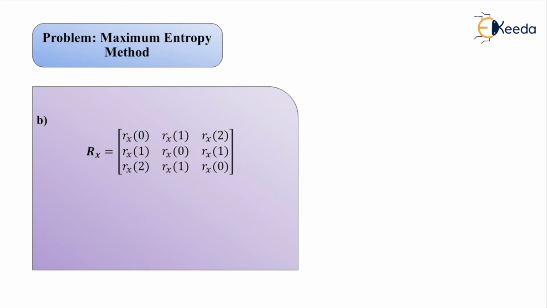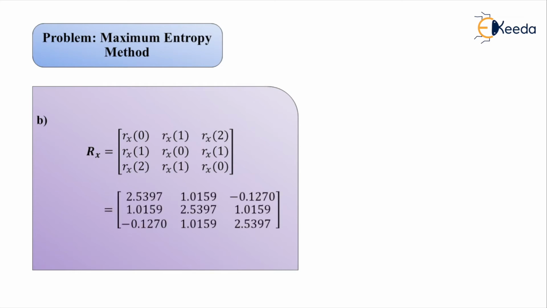we can have the substitutions to this right hand side and obtain Rx: the first row elements are 2.5397, 1.0159, minus 0.1270.